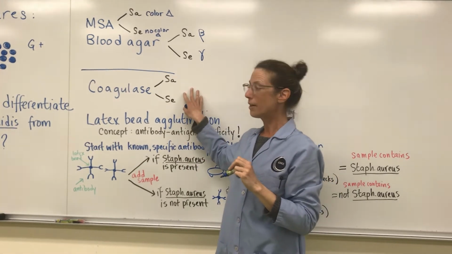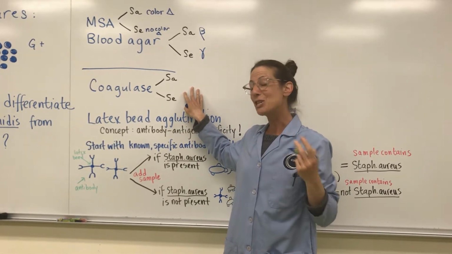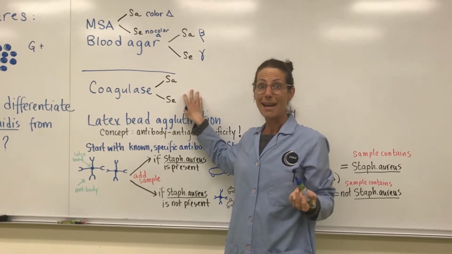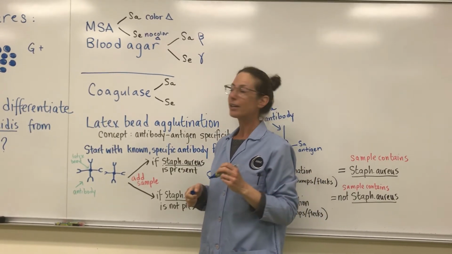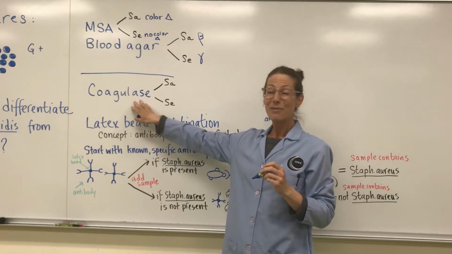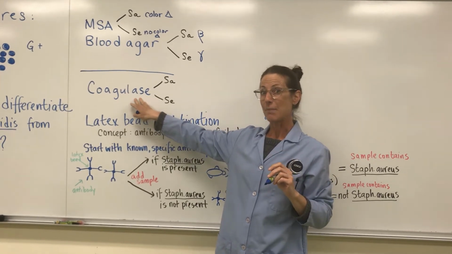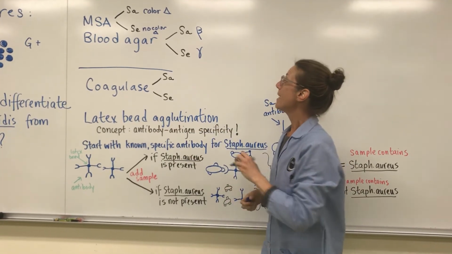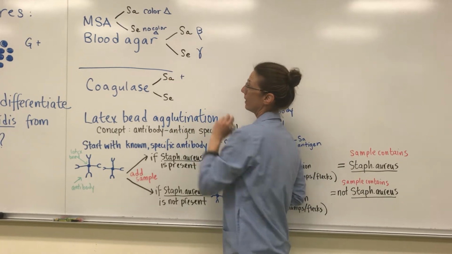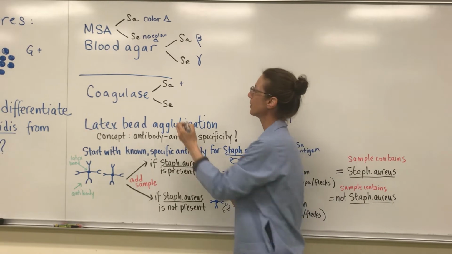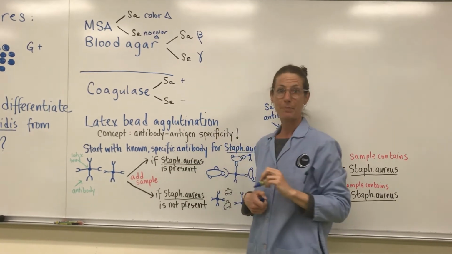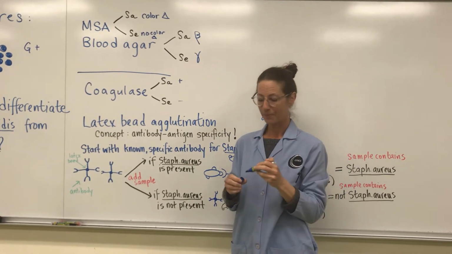Now, we haven't talked about coagulase in lab, but you have heard about it in the bacterial virulence factors portion of the class. So we will look at this today, but you already know that Staph aureus produces coagulase, that's one of its virulence factors, whereas Staph epidermidis does not.